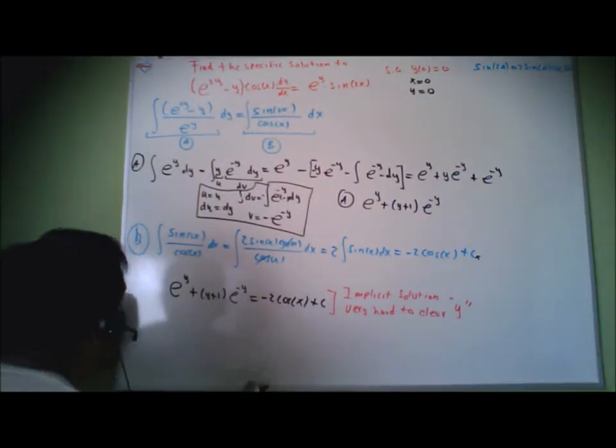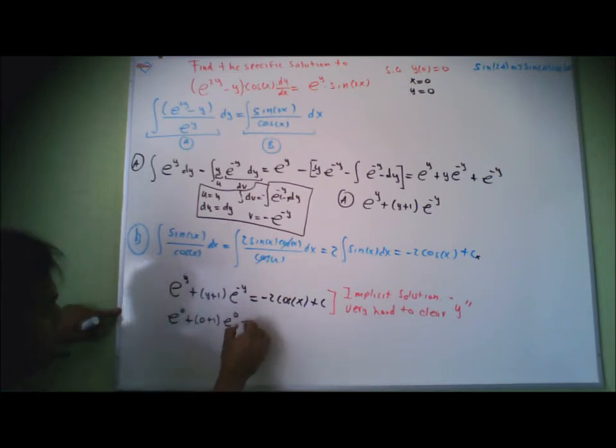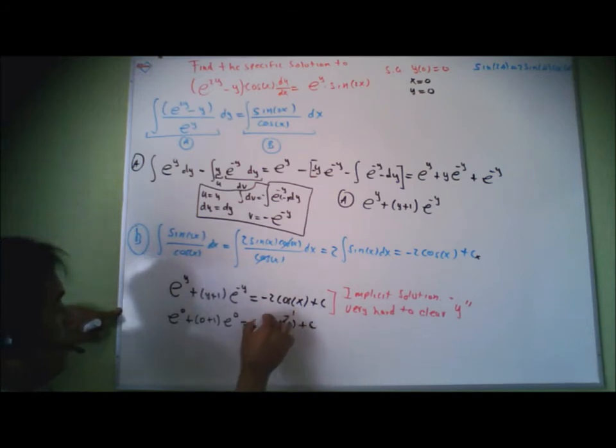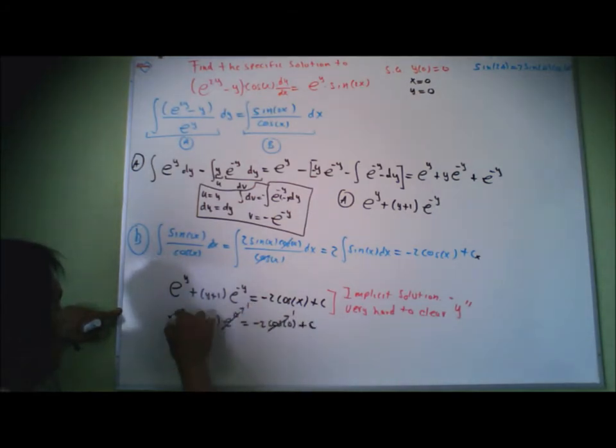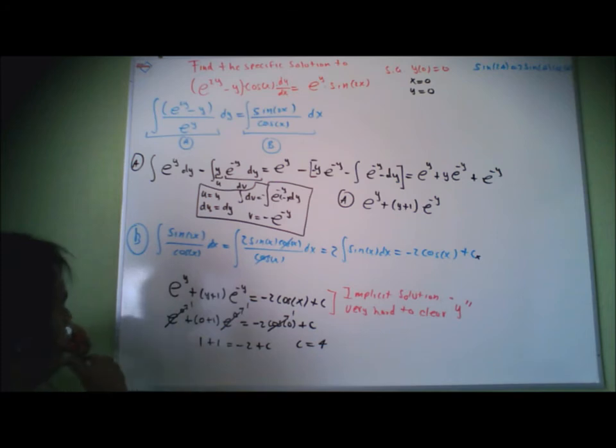If we replace here, it's exponential of 0 plus 1 exponential of 0 equal to minus 2 cosine of 0 plus the constant. Cosine of 0 is 1, the exponential of 0 is 1, so this is 1 plus 1 equal to minus 2 plus the constant. So how much is the constant? The constant is equal to 4.